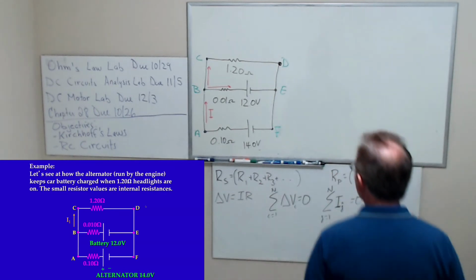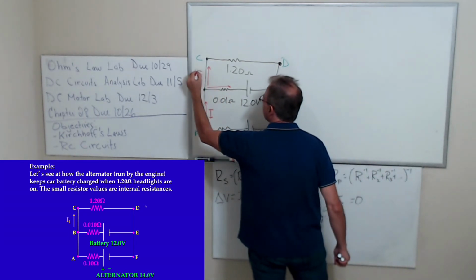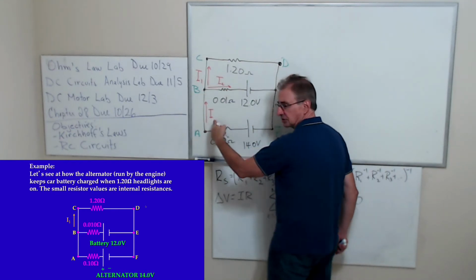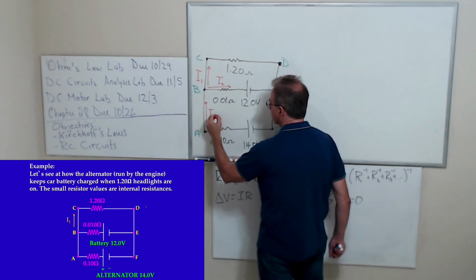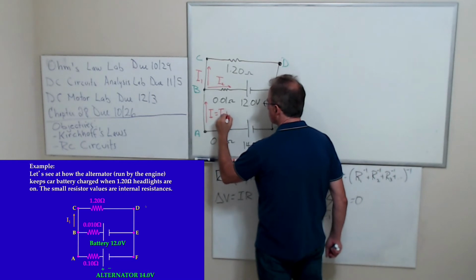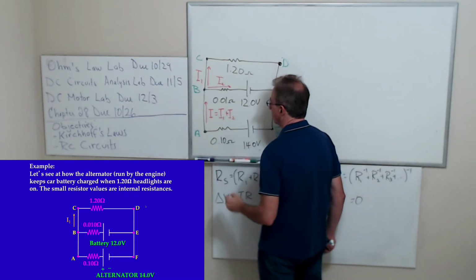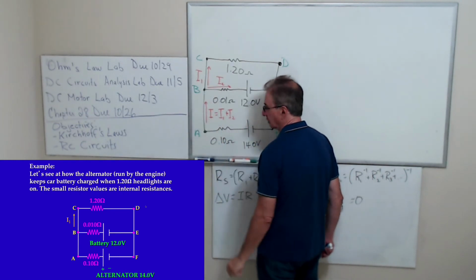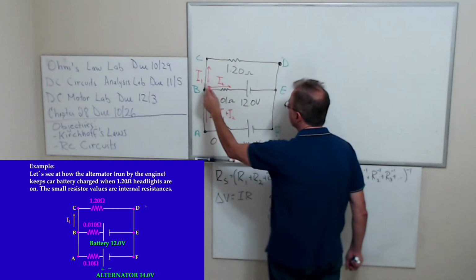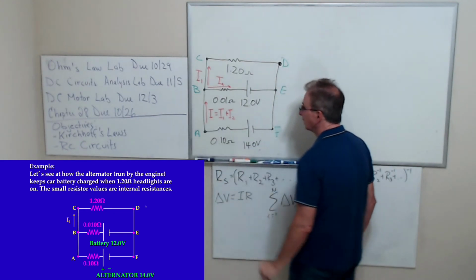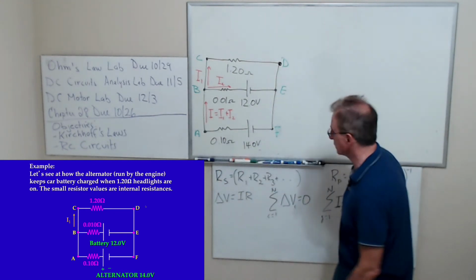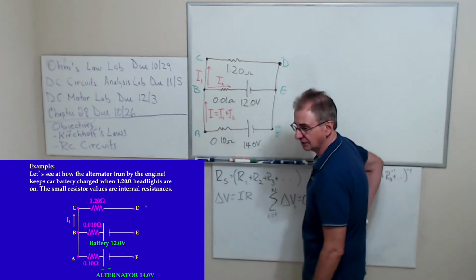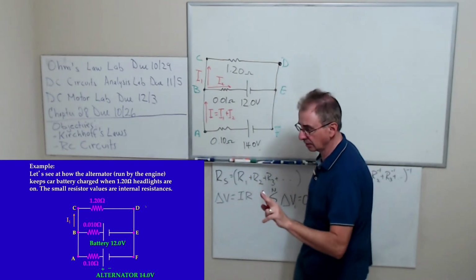So I'm going to call this one I1 and this one I2. I don't want to call this I because I know what it is: I1 plus I2, the sum of those two. So really I only have two currents that are independent of each other. This I is dependent on the sum of those two. Does that make sense?